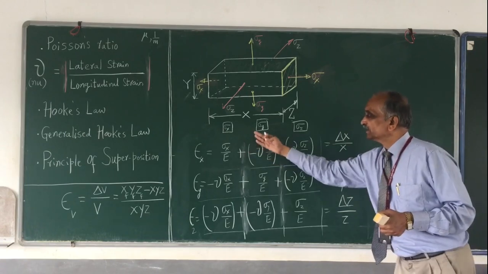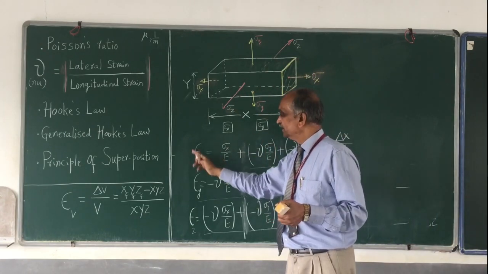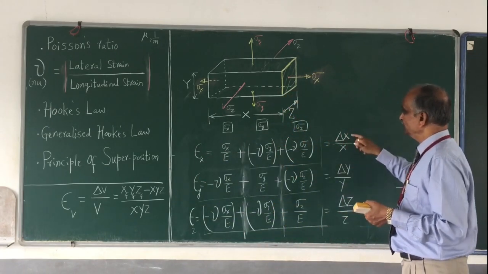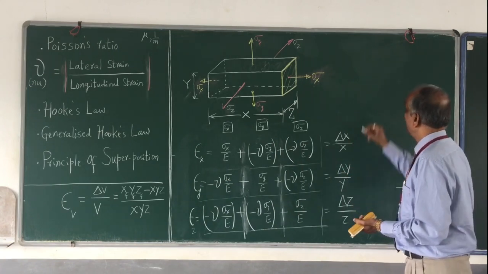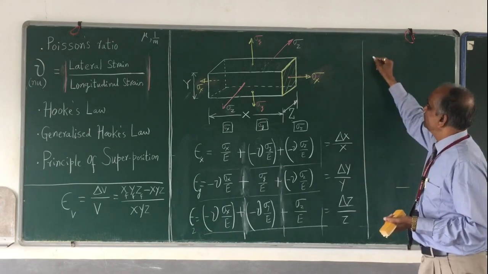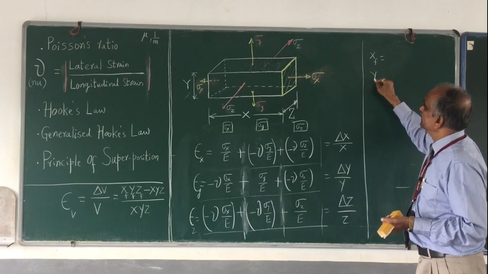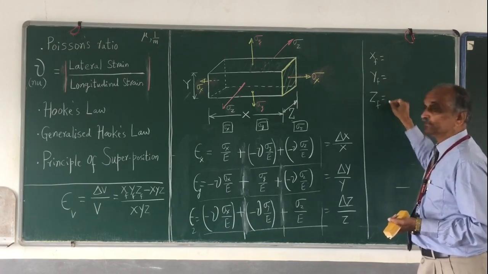So knowing all the sigma x, sigma y, sigma z, E and nu, you can easily find this. And once you find that, you can easily find delta x, delta y and delta z. And if you find delta x, delta y, delta z, you can find the final x, that is xf. Then you can easily find yf, and zf.